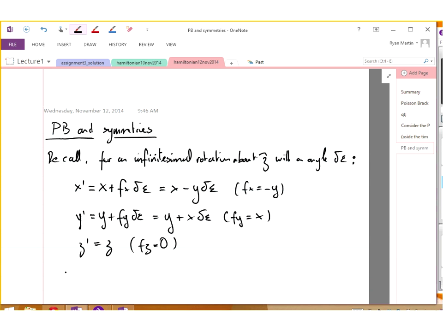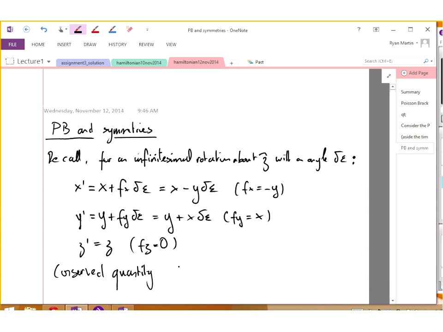I'm not going to bother to write out the time translation. And then we found that the conserved quantity, so given that the Lagrangian is invariant with respect to this transformation, that's something you have to go and test.